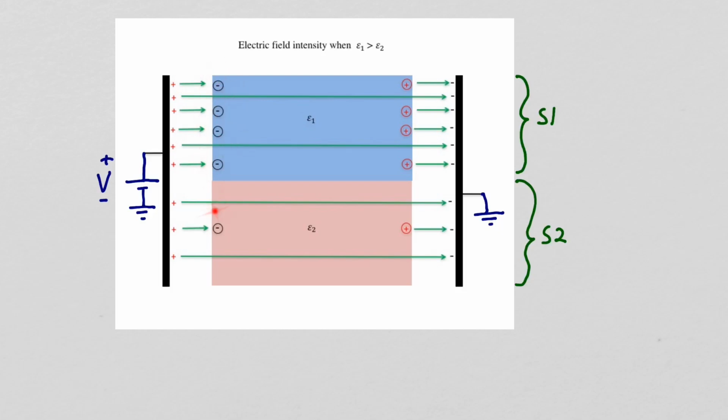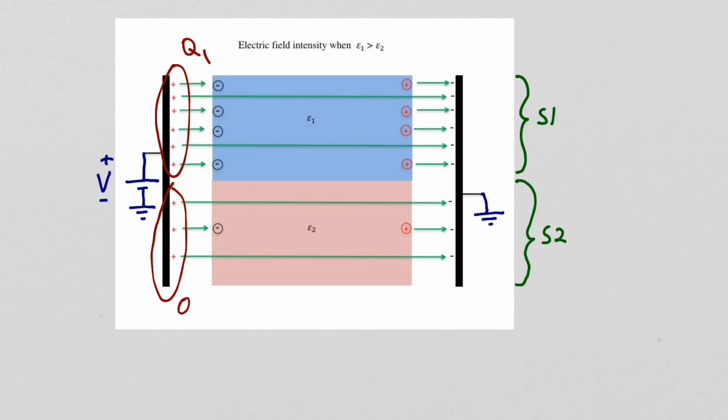That means more of the electric field lines emanating adjacent to material 1 will be terminated than in material 2, so you have to begin with more electric field lines, more charge density adjacent to material 1 than adjacent to material 2. Let me call this charge Q sub 1 and this charge Q sub 2.